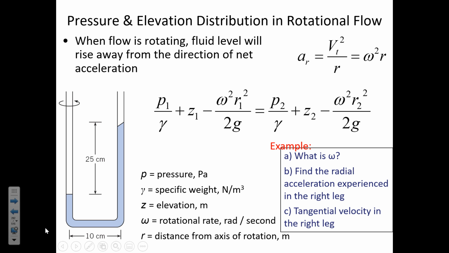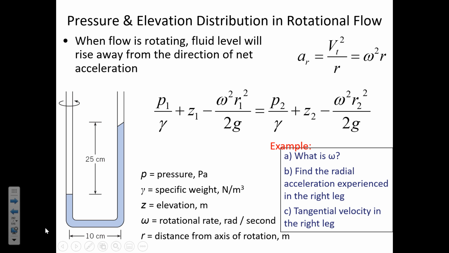Okay, R. The radius is measuring how far the point is from the axis that it's being rotated about. And since it's being rotated about the left leg, that means that R1 is 0. And R2 is 0.10 meters.